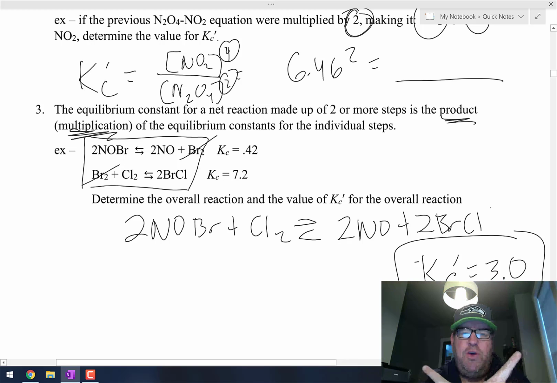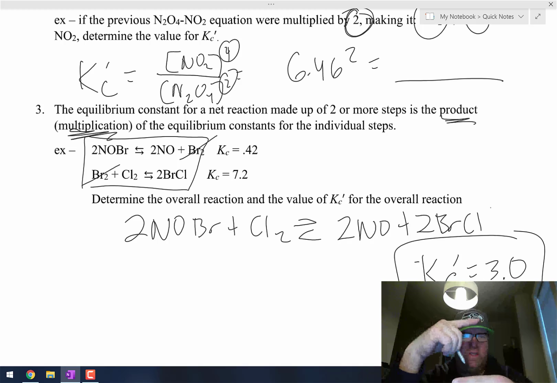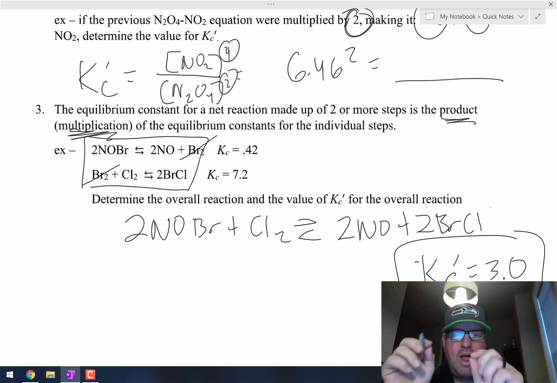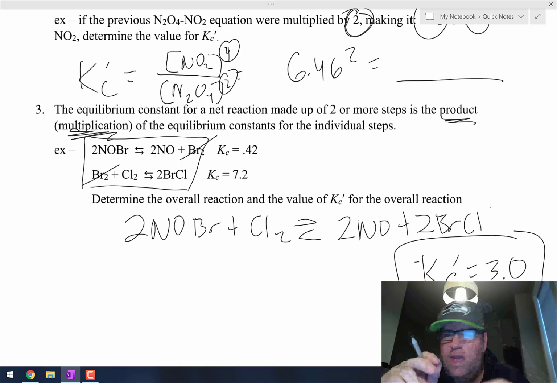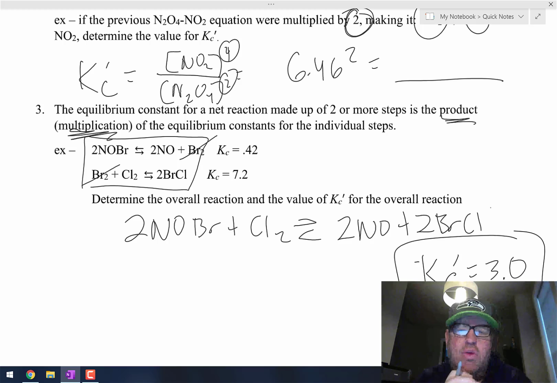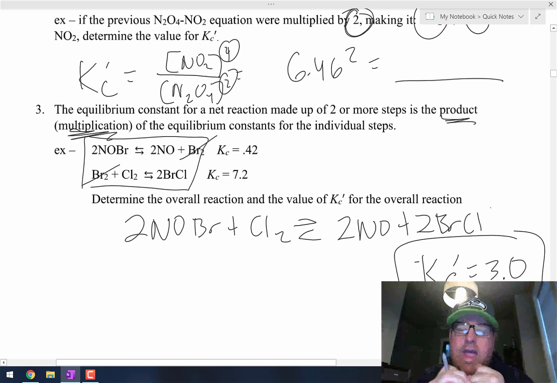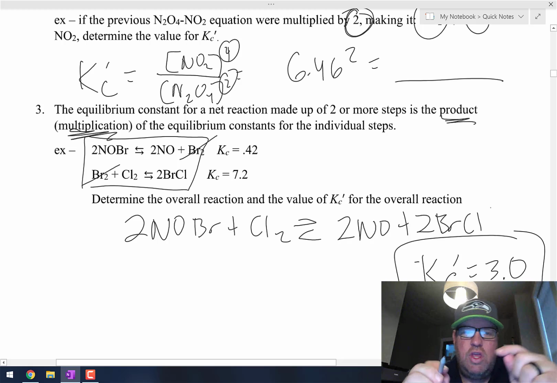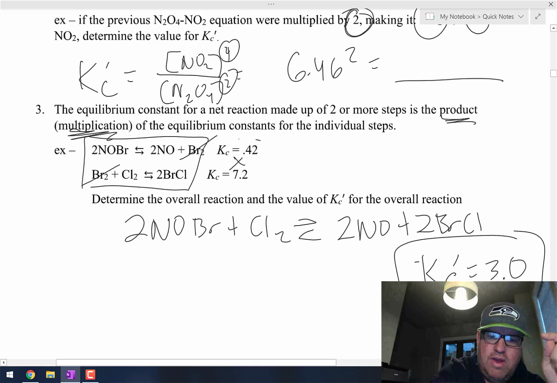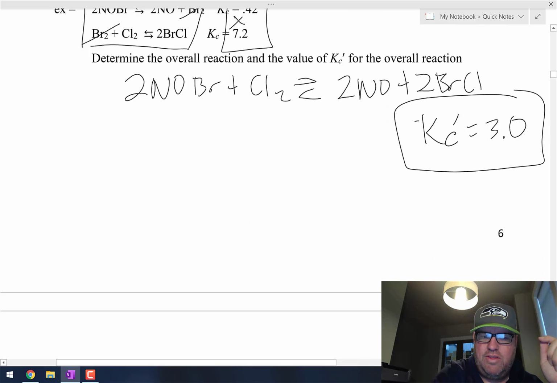So when you flip an equation, you take the reciprocal of it. Okay, when you multiply an equation by 2 or 3 or 4 or 1/2, then you take the equilibrium constant raised to that power, to the second power, the third power, maybe to the 1/2 power. Okay, and when you add two equations together, you multiply their equilibrium constants together.